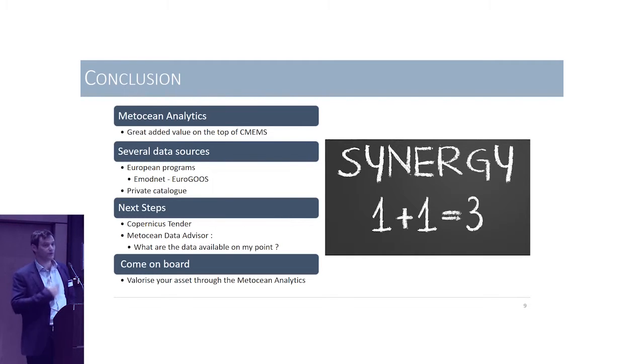And this tool is quite new. We are always improving it. So there was a great opportunity to try different things with an uptake tender. So we applied for this, and we proposed the MetOcean Data Advisor. It's the possibility for people of a community to score, to say, is this data set good for my need?